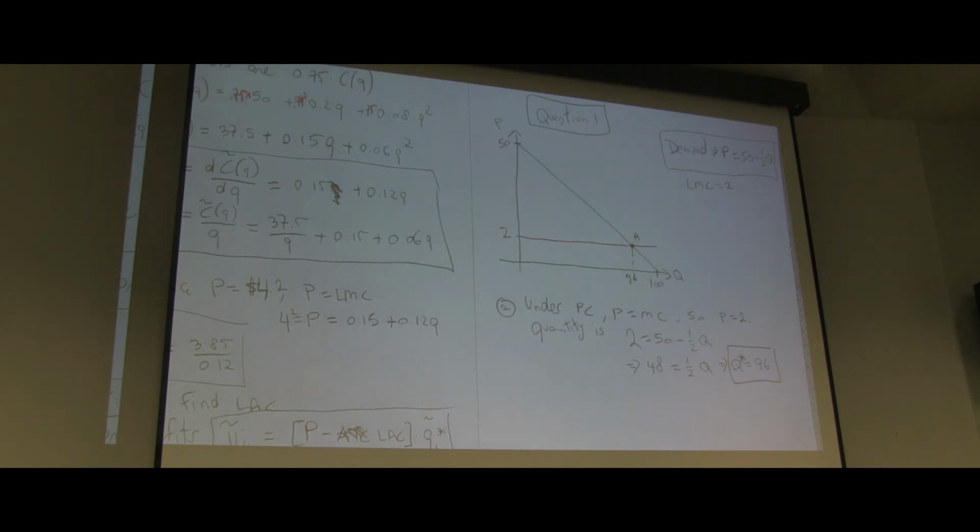That's a long run cost, right? So 96 times 2, which is 192. There's zero profit. There's no area below the price that goes to the producer. There's zero profits. Okay.